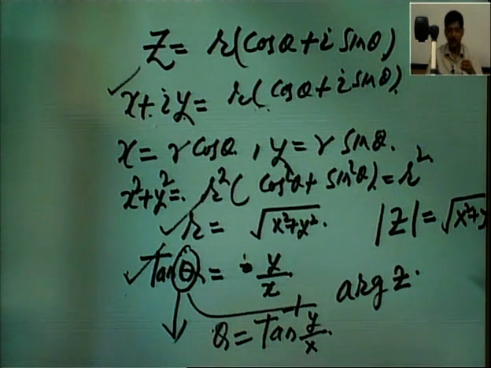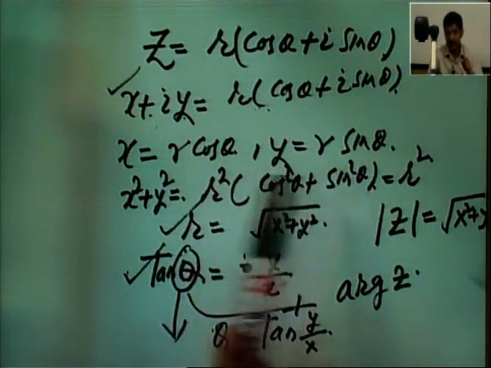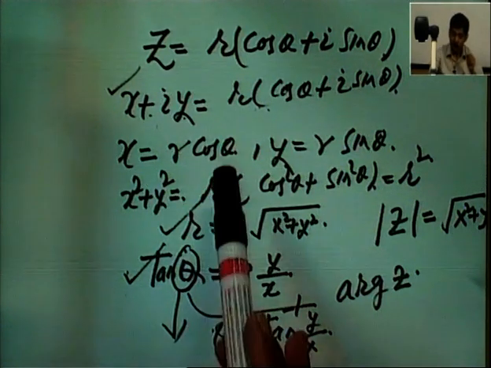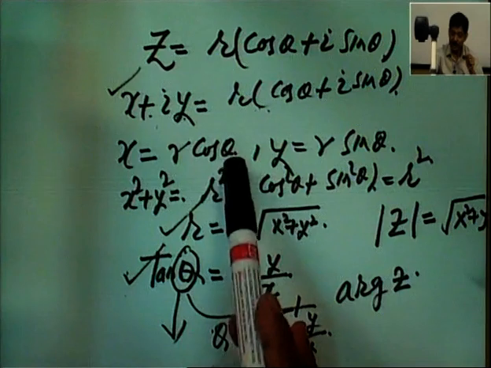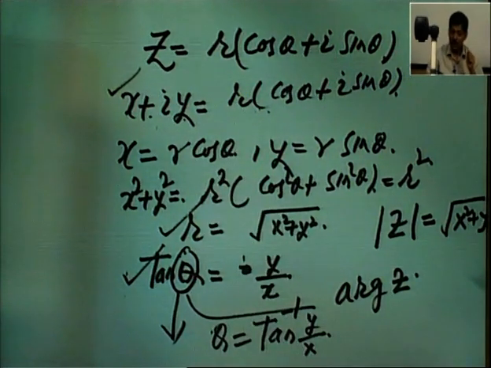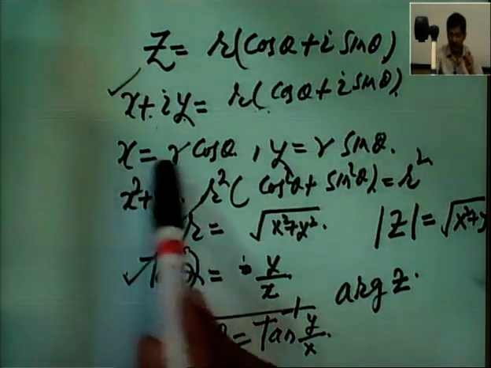But I do not assume that you have done this much trigonometry. But here one thing is very important: if you have to find out the argument of a complex number, then you have to find that value of theta which satisfies both these equations.